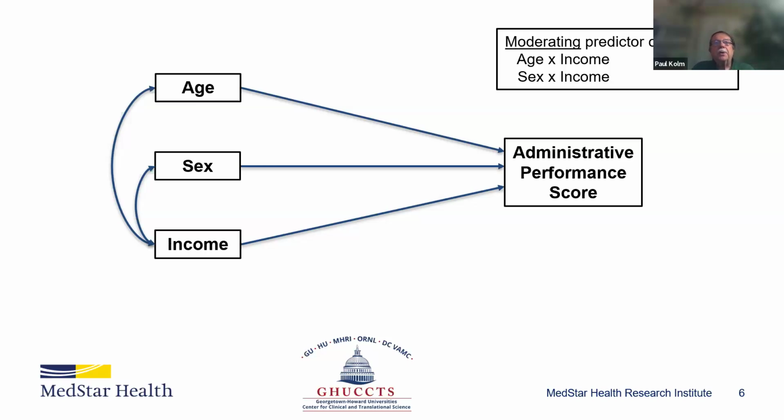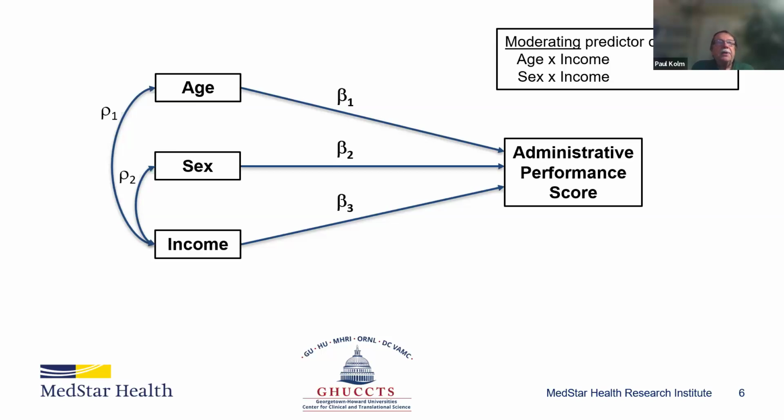And so what we're going to do in our analysis is estimate the regression coefficients, the betas, for each of our predictor variables, our independent variables. And then we also will estimate the correlation between age and income and sex and income.